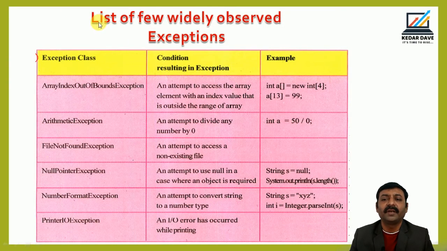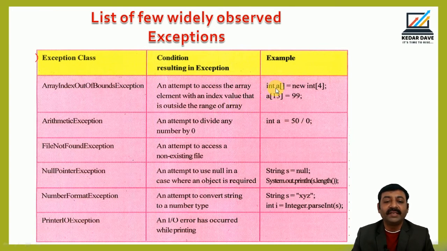So these are some widely observed exceptions in Java programming. Exception classes are given, conditions resulting in the exceptions, and an example. What is the first one? It is ArrayIndexOutOfBoundsException, the condition being an attempt to access array elements with an index value that is outside the range of that array.